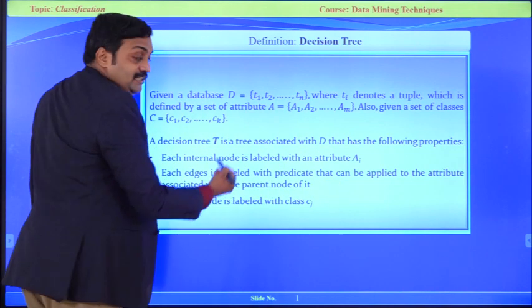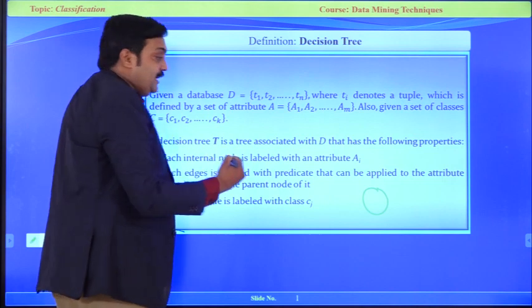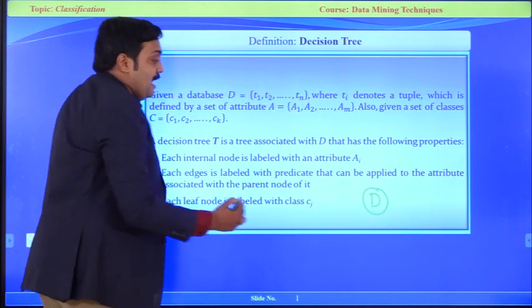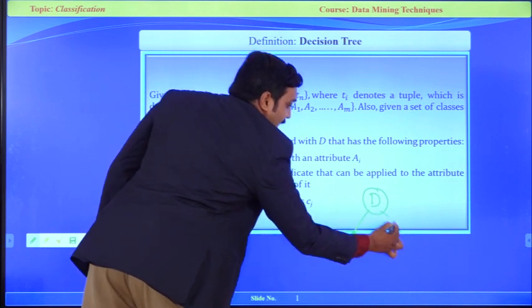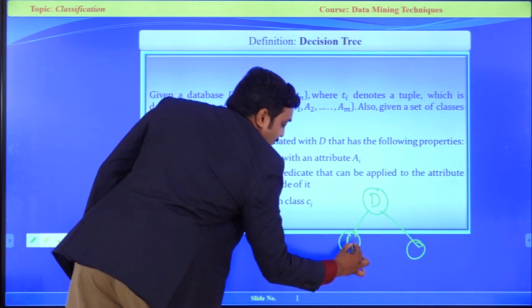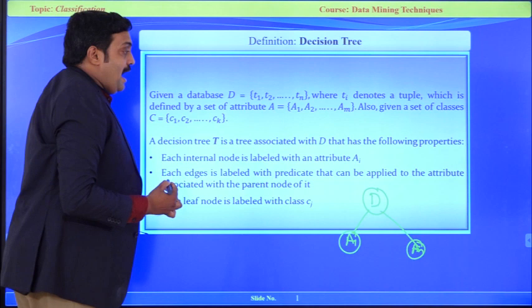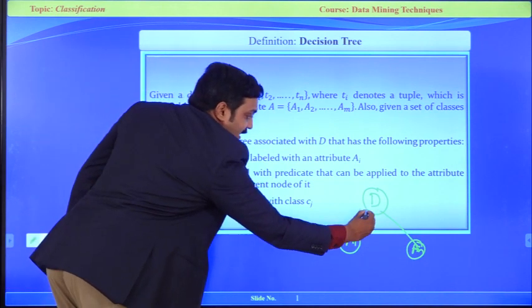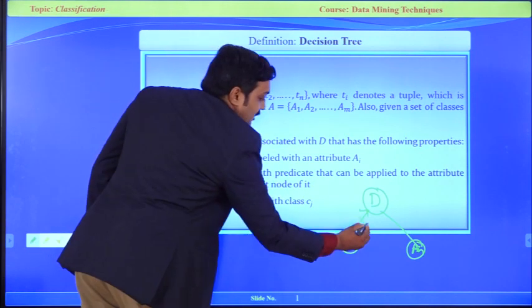As per the definition, we have the database D having n number of tuples, and each tuple having attributes A1 to Am, and each attribute is connected with the parent node or root node by an edge.